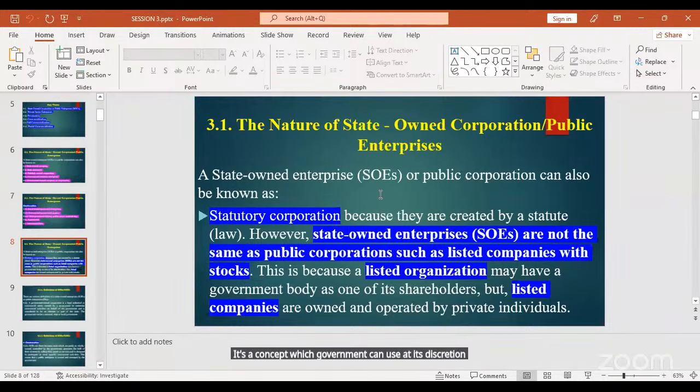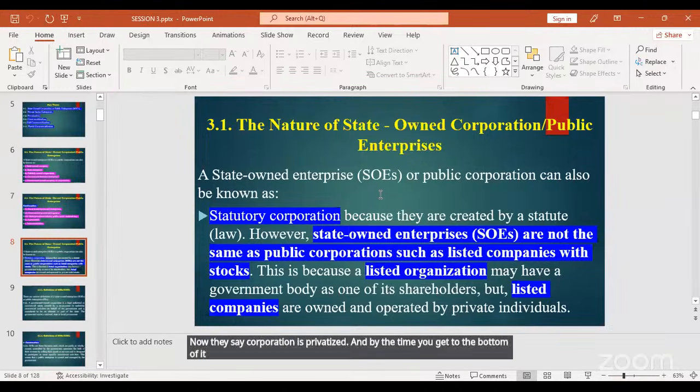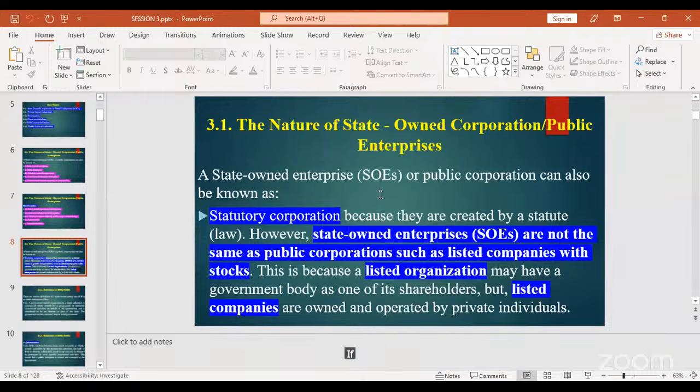Though the way it has been used in Nigeria in some cases seems questionable. Why? Because you'll find cases where they say a corporation is privatized, and by the time you get to the bottom of it, it's some key individuals in the government that bought it indirectly. So when it is like that, people will have reason to criticize.